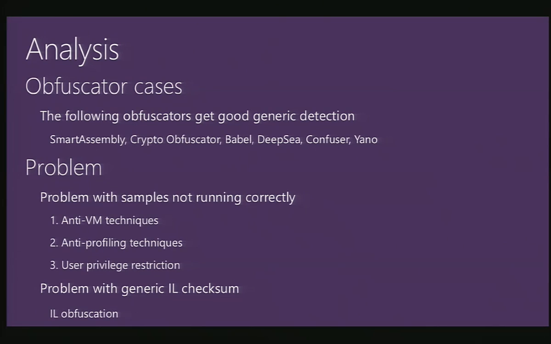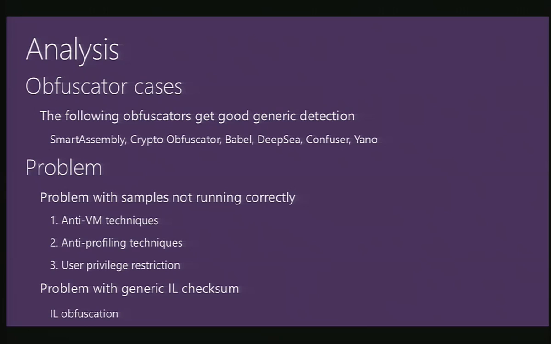Also, because I was doing batch processing with user privilege restriction, when some malware asked me to elevate privileges, I just ignored them, so it might not generate a good result.